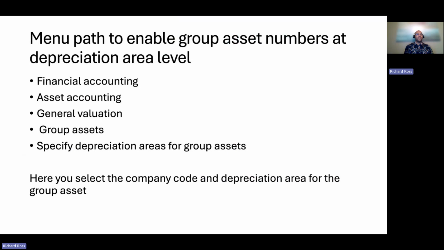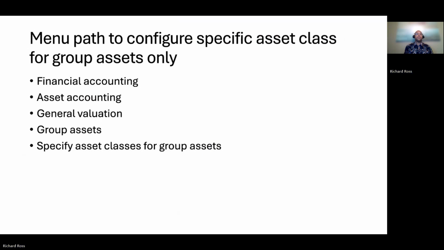So, menu path to enable group asset numbers at the depreciation level: Financial accounting, asset accounting, general valuation, group assets, specify depreciation areas for group assets. Here, you select the company code and depreciation area for the group assets.